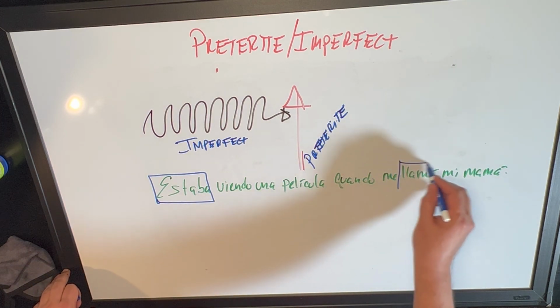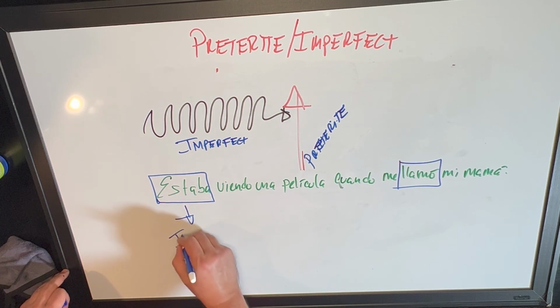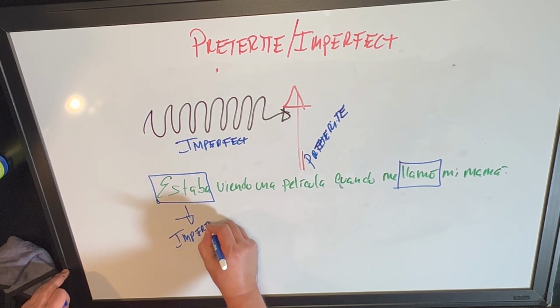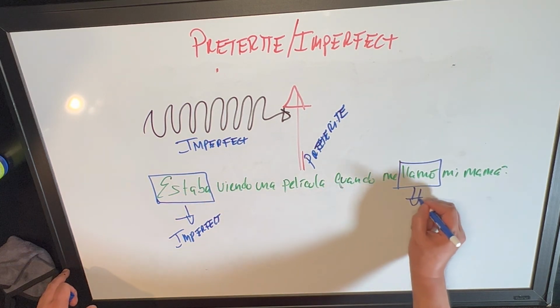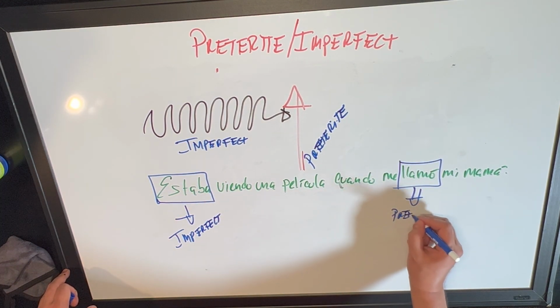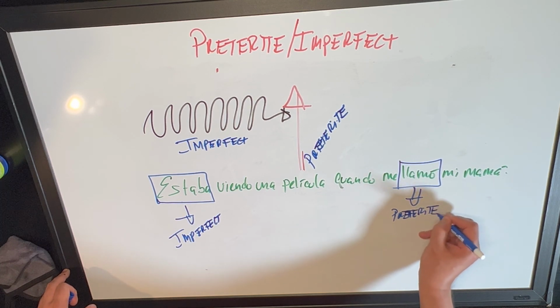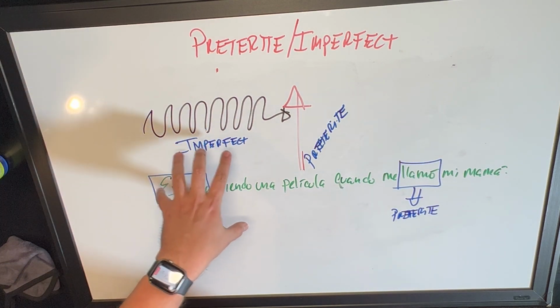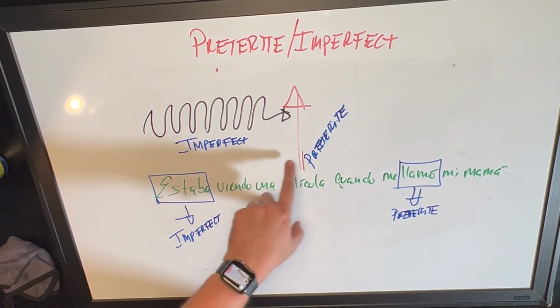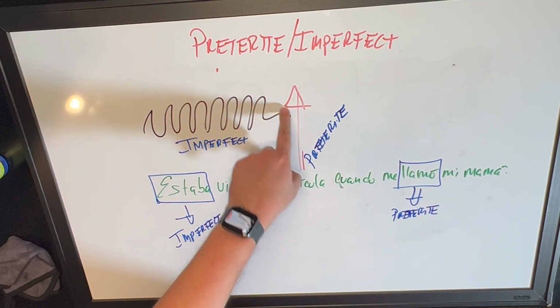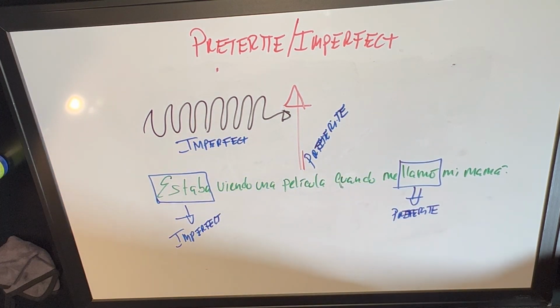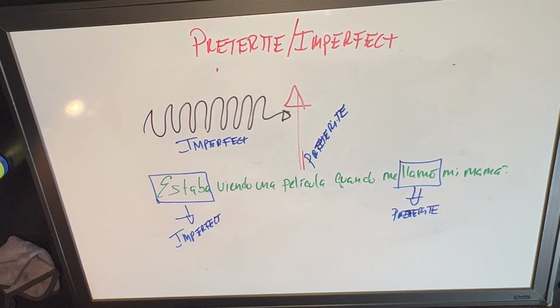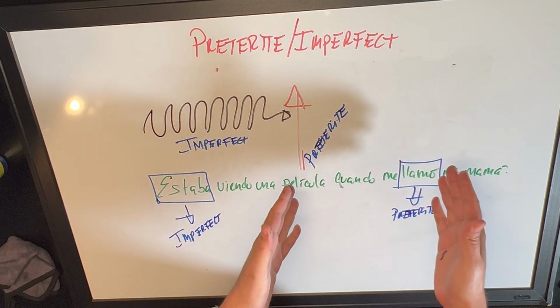And llamó is the preterite. Okay. Obviously, this is the ongoing action. I was watching a movie when my mom called me. The action that interrupts is the phone call, and I have to use the preterite, llamó. Okay? And that will be the simultaneous action case, which is very common, by the way. And this is the end of the preterite and the imperfect. Thank you.